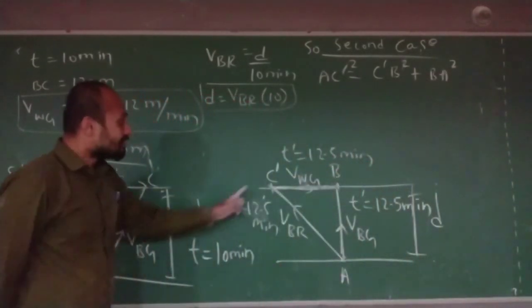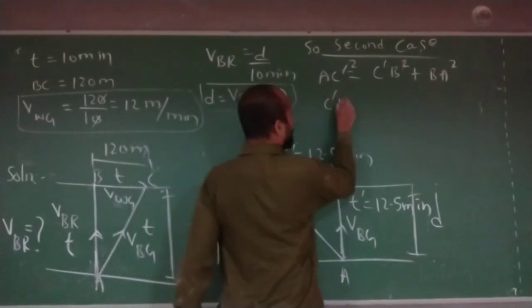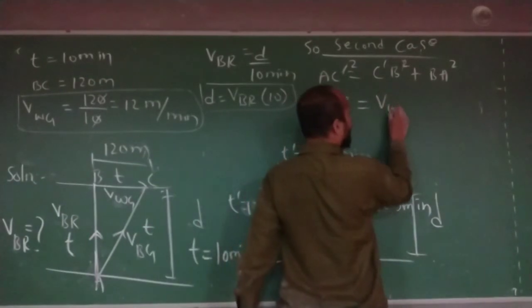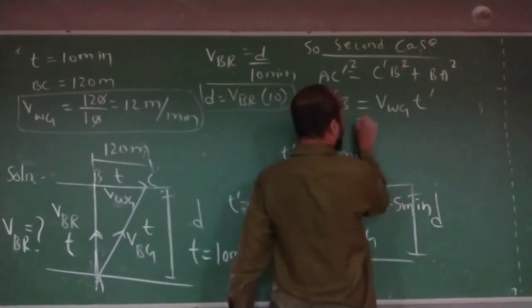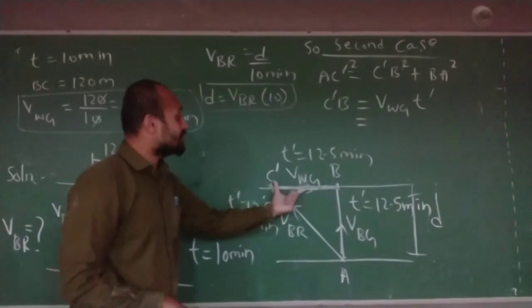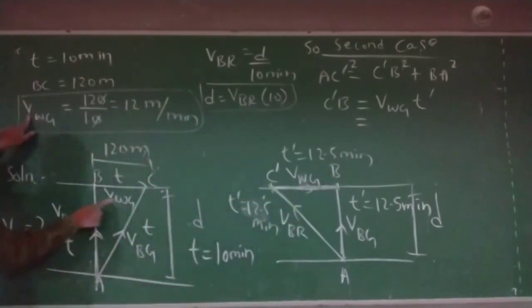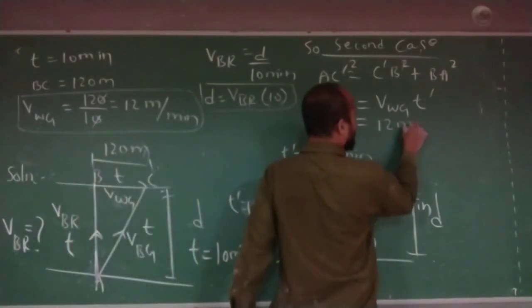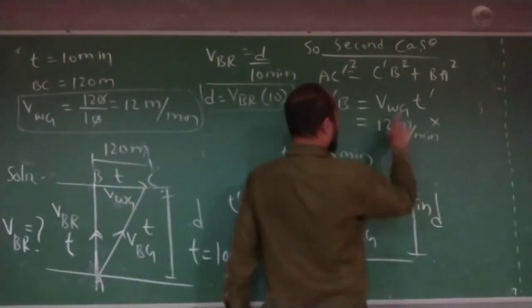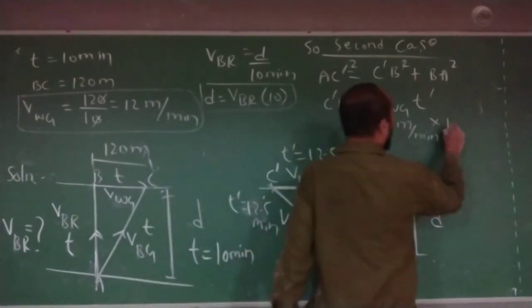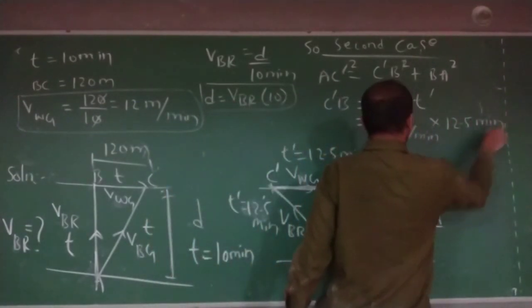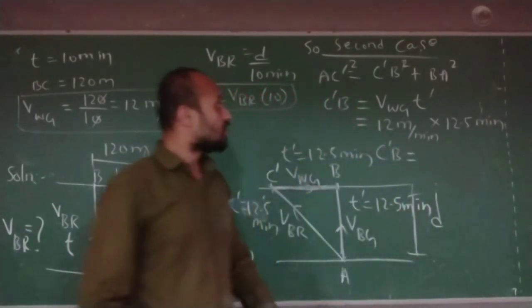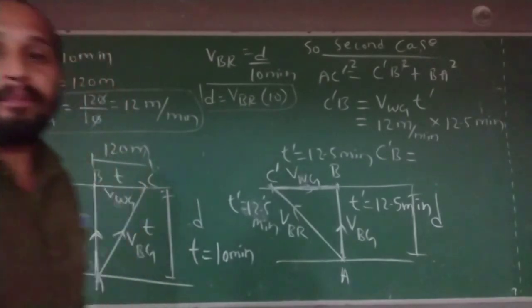Correct? C dash B whole square we can calculate. C dash B is nothing but velocity of water with respect to ground into T dash. Velocity of water with respect to ground, how much? From the first case we have found out: 12 meter per minute. 12 meter per minute into T dash, 12.5 minute. So C dash B, how much are you going to get? 12 into 12.5.